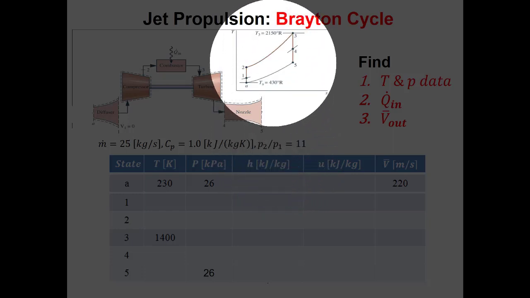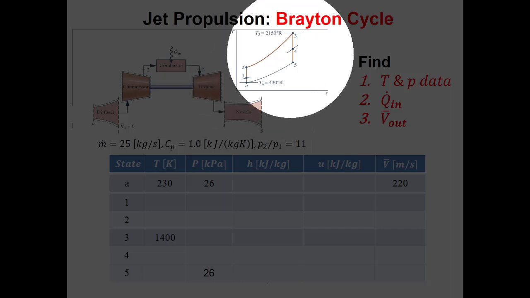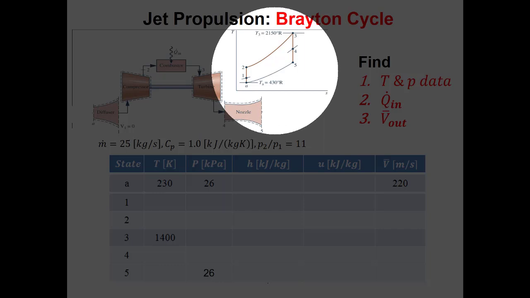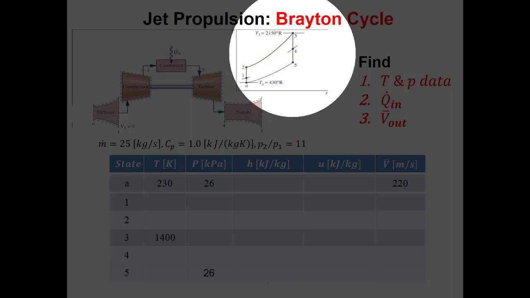Notice when we look at this TS diagram that the pressure at state 1 is not the same as the pressure at state 4. So unlike a normal Brayton cycle where we have the same pressure ratio across the compressor and the turbine, we will not go the same pressure ratio, because here we're only running this so that our back work ratio is 1.